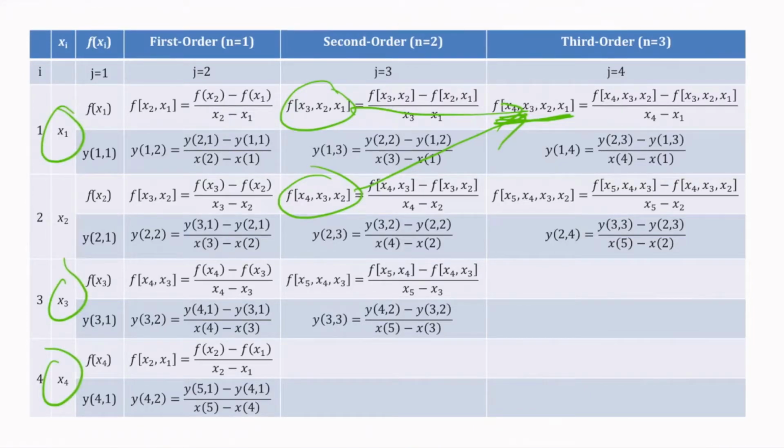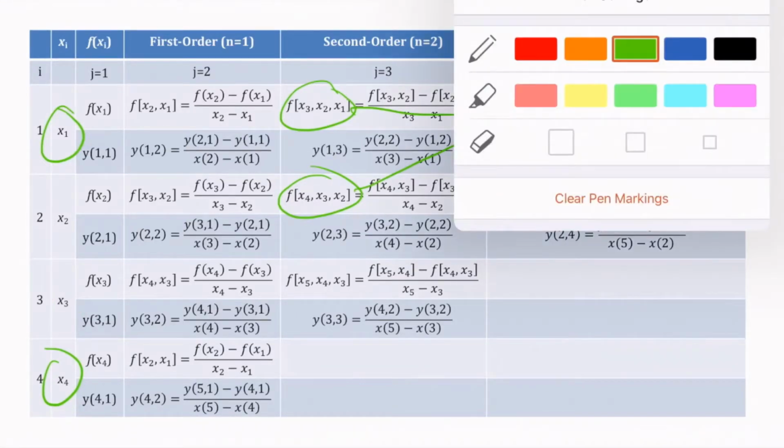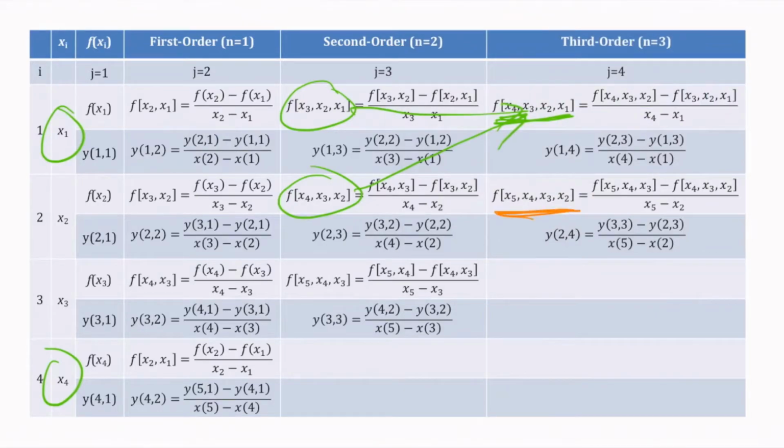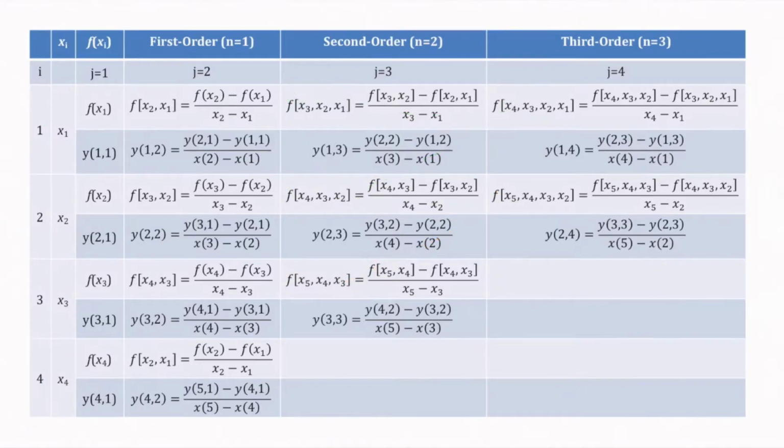x4 and x1. And to get that, I need x5 here and x2 there, and also this and that. To go to the third order term, I need this and that. I also need x4 and x1.